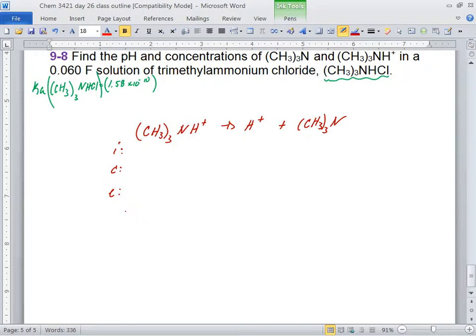Anybody get an answer for this? I got an answer now. I don't know either. 5.5? Yeah, for the pH. And then I got 3.8 times 10 to the negative something, and concentrations.